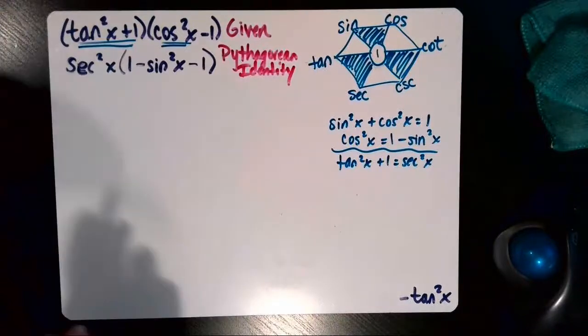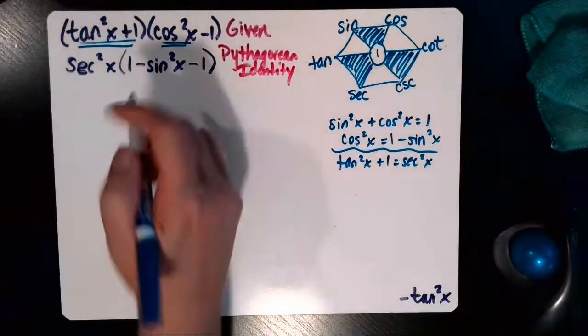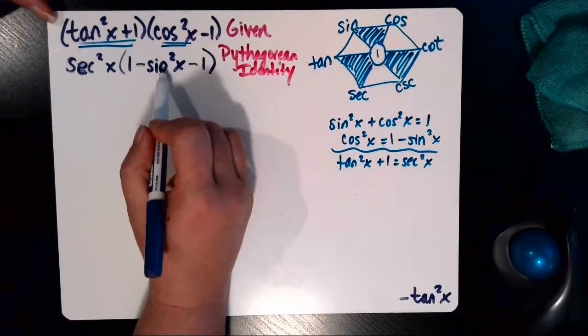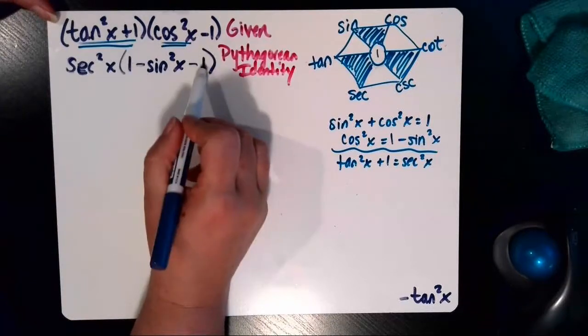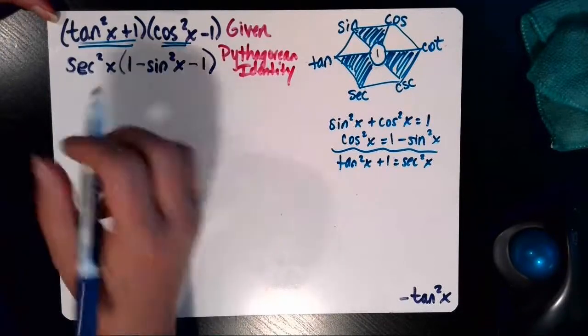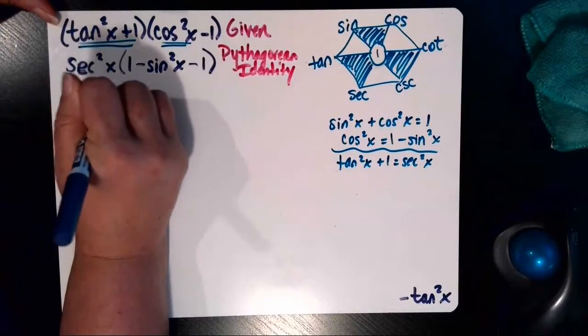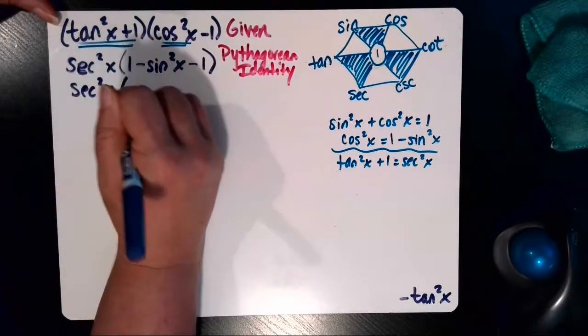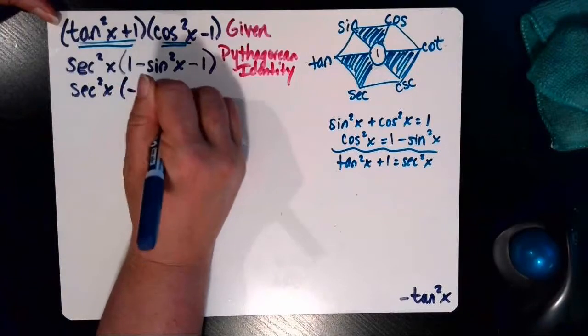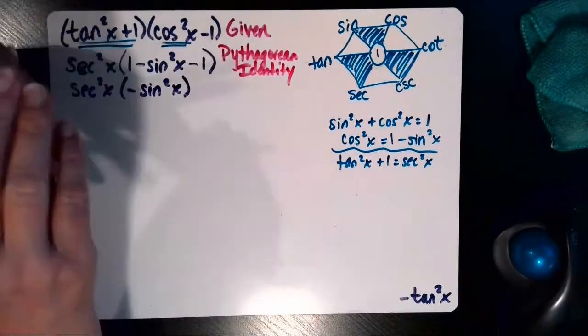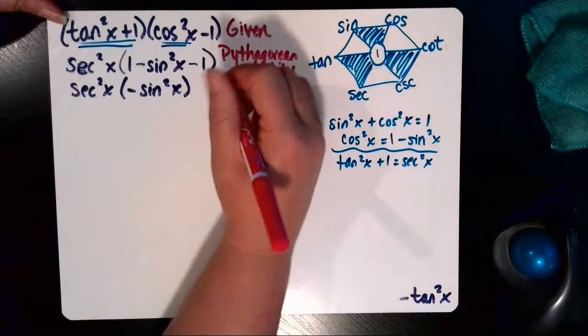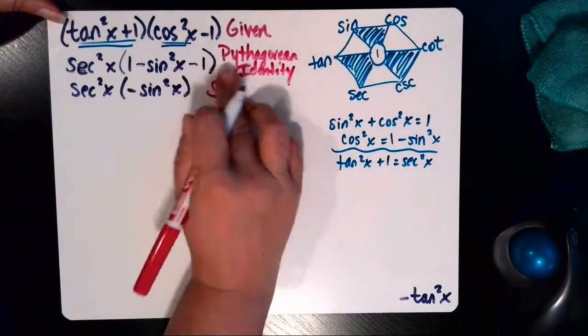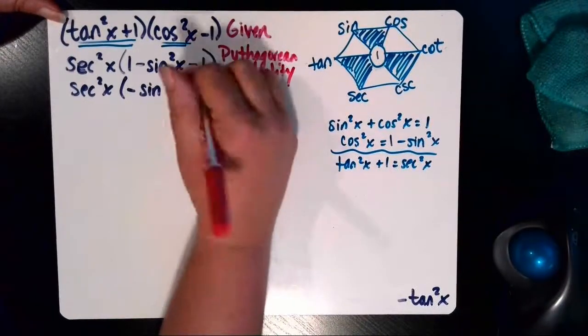Okay, now we're going to go ahead and simplify. So 1 minus sine squared x minus 1, those 1 minus 1 like terms cancel, and we'd be left with secant squared x times negative sine squared x. And that was combining like terms.